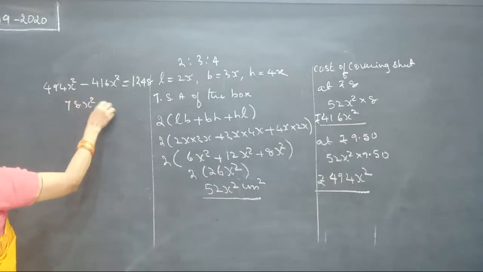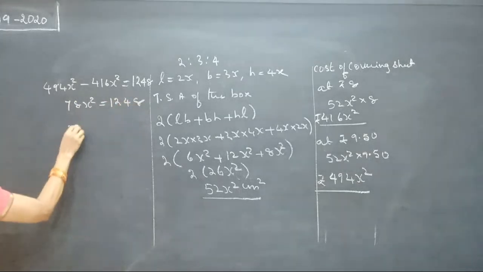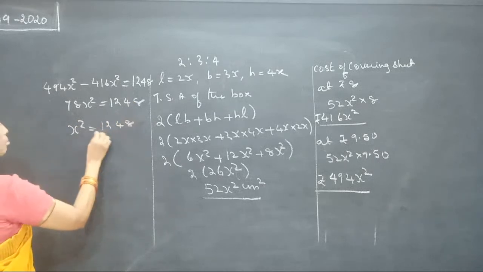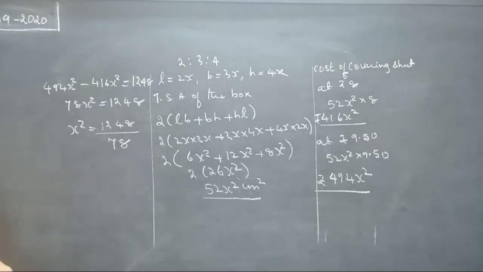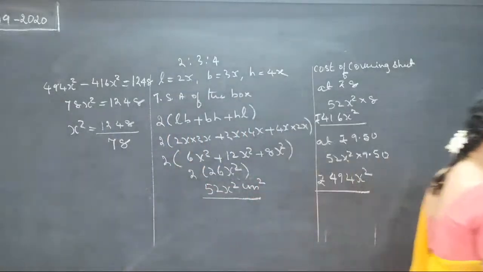78x square equals 1248. x square equals 1248 by 78. Come on, get the calculation. 1248 by 78.